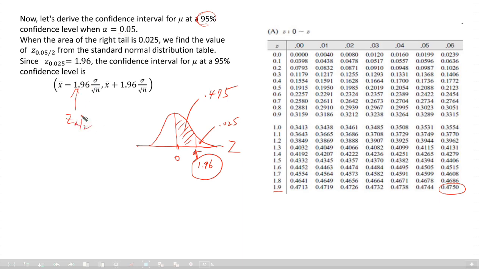That's it. But as I mentioned just before, we do not know sigma. We have to estimate sigma by what? S, right? Sample standard deviation. Okay, I hope you understand it easily, and we are ready to go further.